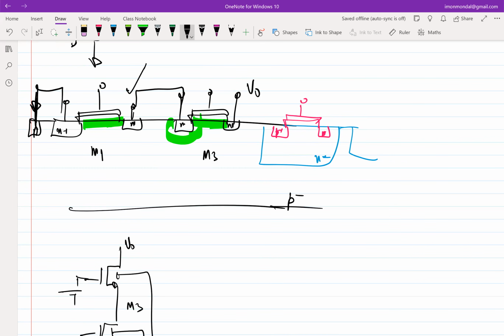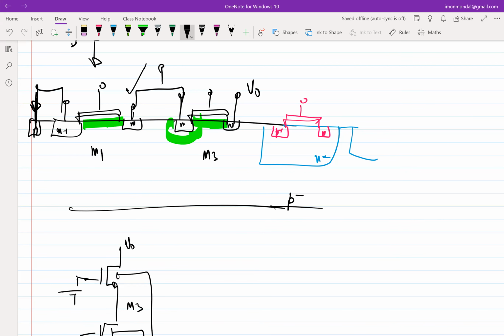Because this voltage is higher than ground, the N terminal is at higher than ground, and the P terminal is at ground. It's a diode where this is high positive, and this guy is grounded, which means you have a reverse bias PN junction. In a reverse bias PN junction, you have a depletion region. So essentially, the charge profile changes. Because the charge profile changes, the threshold voltage changes, right?